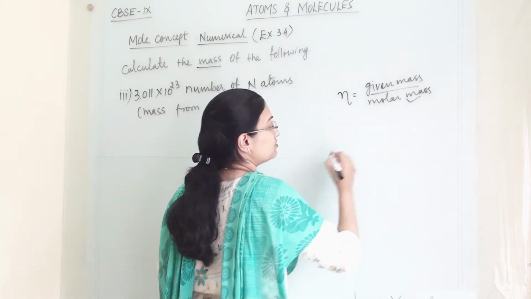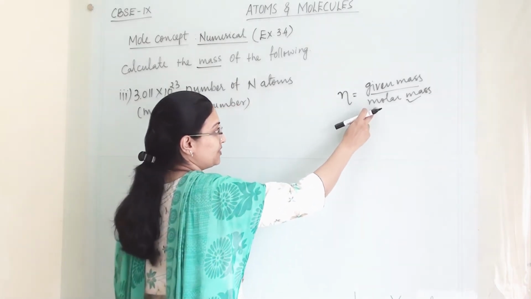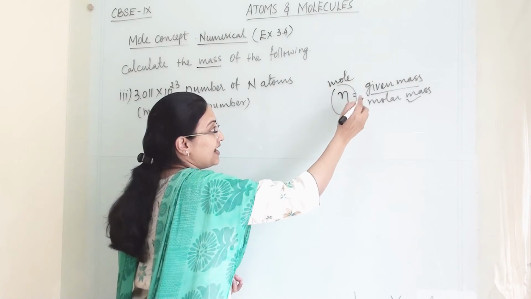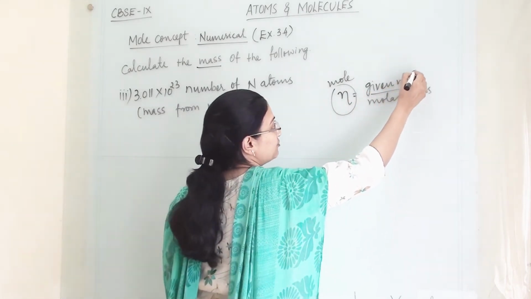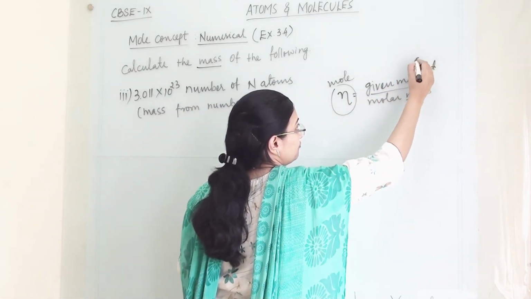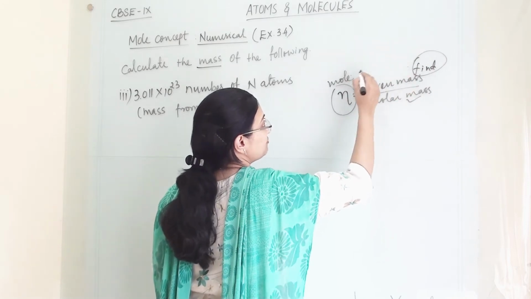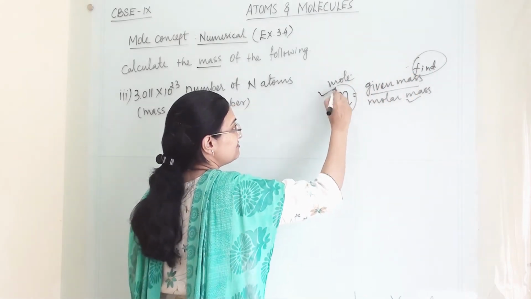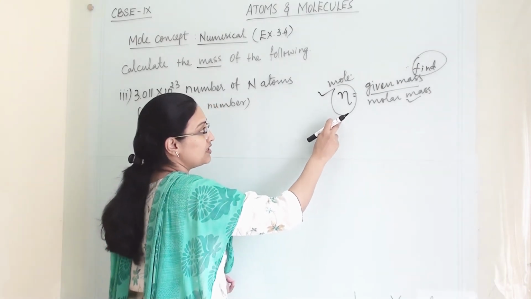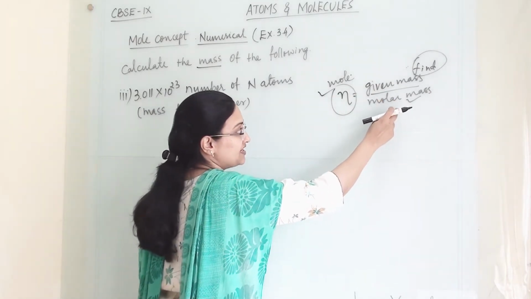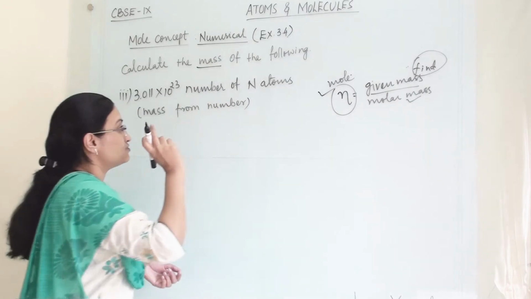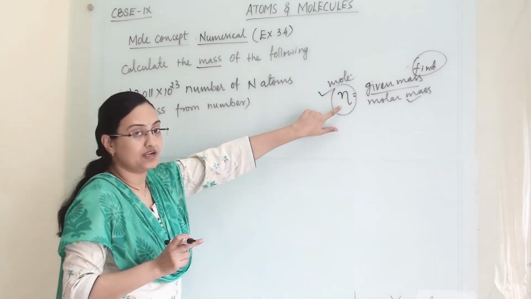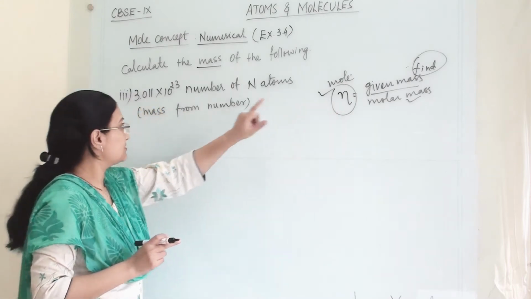We can find out the molecular weight or atomic weight. n is mole, and given mass we have to find. So these two details we don't have. So either of these we have to find. Obviously we need to find out the mole and then we can find out the mass. So here, to find out the mass, first we have to find out the number of moles.